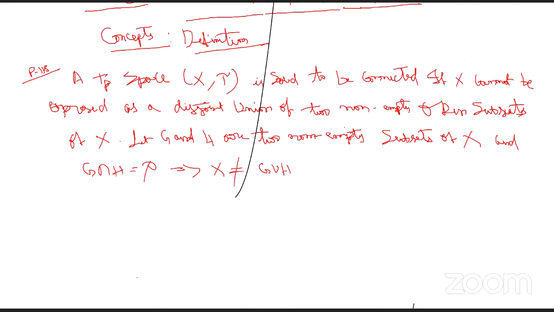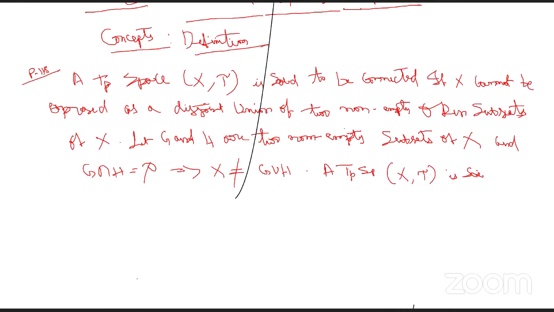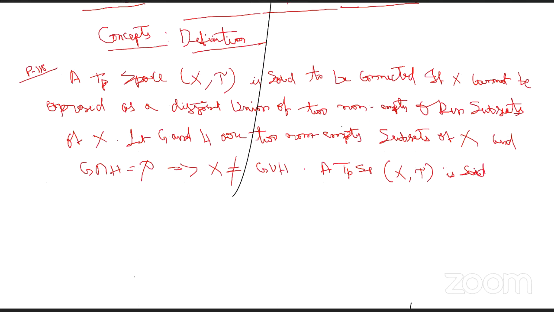A topological space (X, tau) is said to be disconnected if it is not connected.